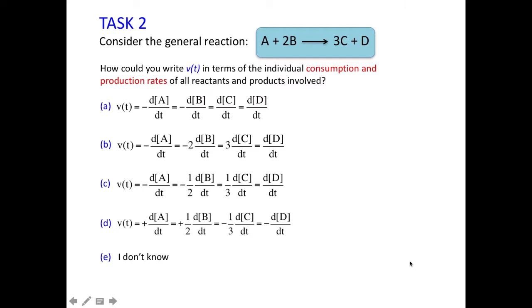Now let's do a second task. Consider the general reaction A plus 2B giving 3C plus D. I'm not specifying any state, like gas or anything, so let's just think about molecules reacting here: A plus 2B giving 3C plus D. How could you write the reaction rate Vt in terms of the individual consumption and production rates of all reactants and products involved?